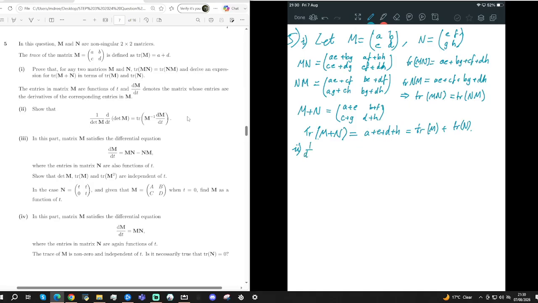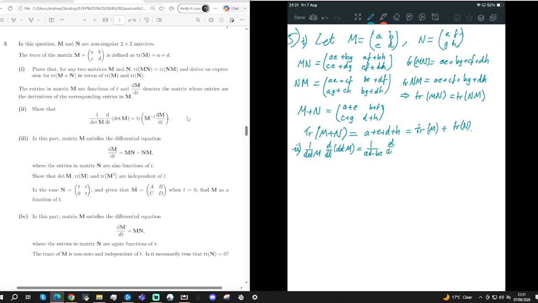So I'm going to try and show that the left-hand side is equal to the right-hand side. So I've got the left-hand side to start with as 1 over the determinant times the derivative of the determinant of M. So that's going to be 1 over AD minus BC, using the same M that's been defined above.